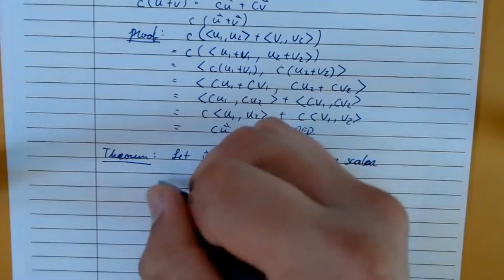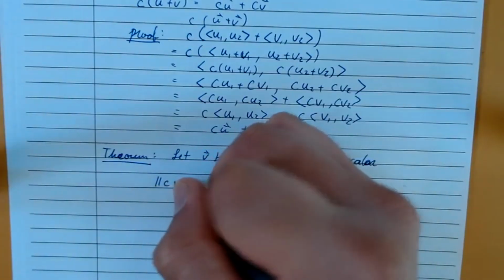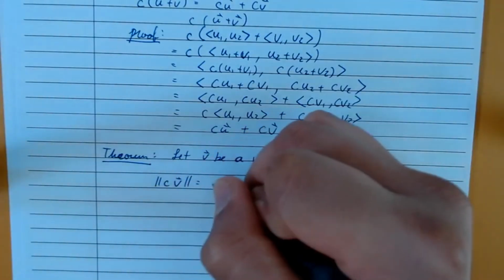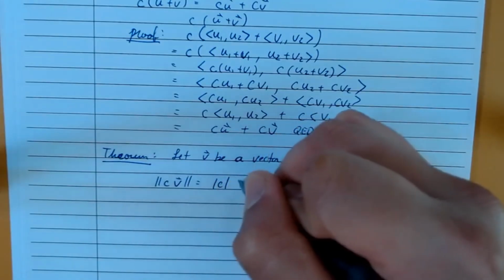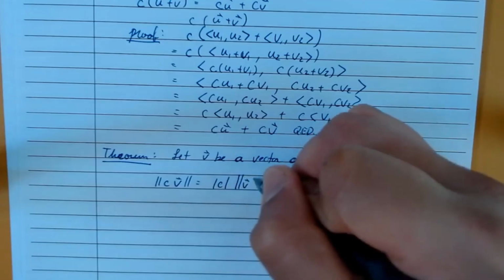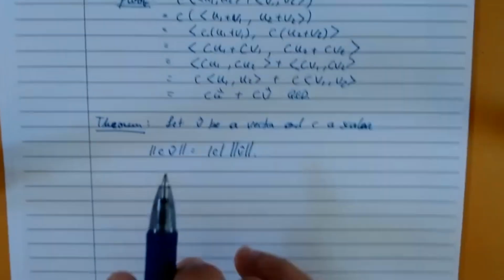Then we have that the magnitude of CV is equal to the absolute value of C times the magnitude of V. All right, so that's a single theorem.